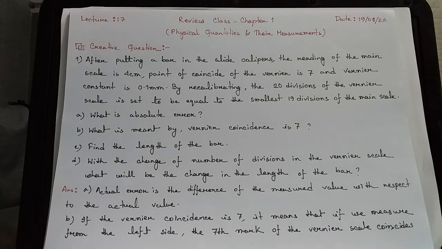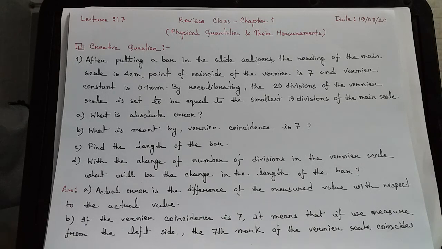For measurement, we have learned the use of slide calipers and screw gauge, and some mathematical terms related to these instruments. So in the review class we will discuss some creative questions again. So let's start the class.